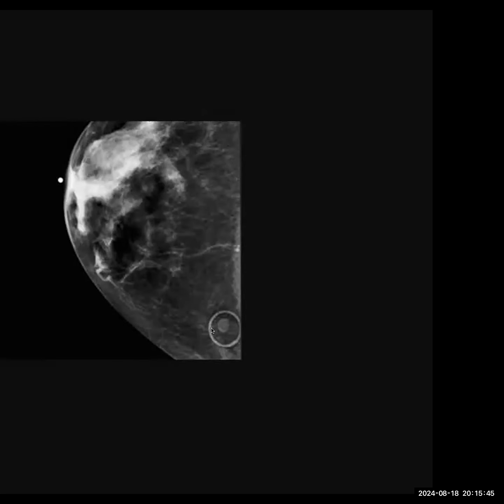I'm assuming that this is in the inner quadrant. Is it post a biopsy or an FNAC of the lesion, and then a marker has been placed to identify it during imaging?